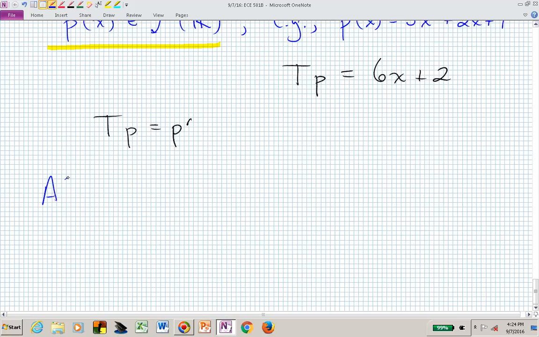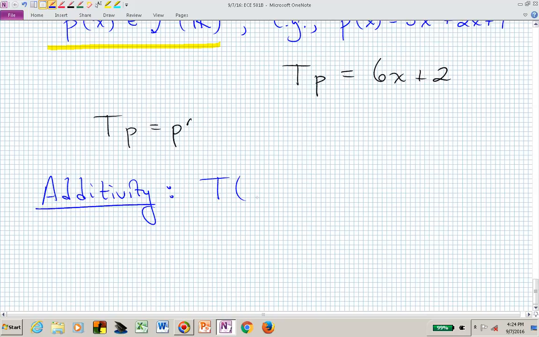And we could simply verify that this differentiation map satisfies the two properties necessary for that map to be linear. We need it to have additivity.